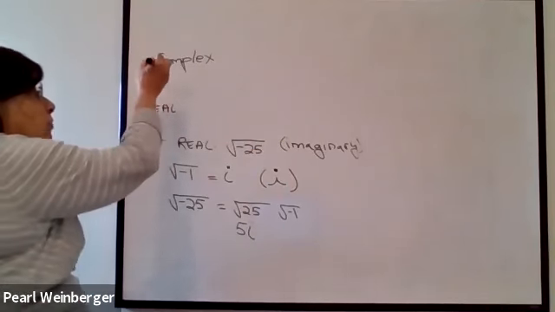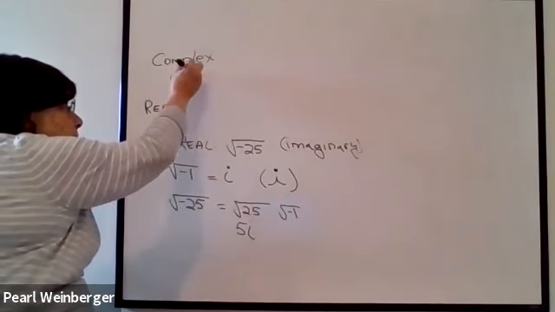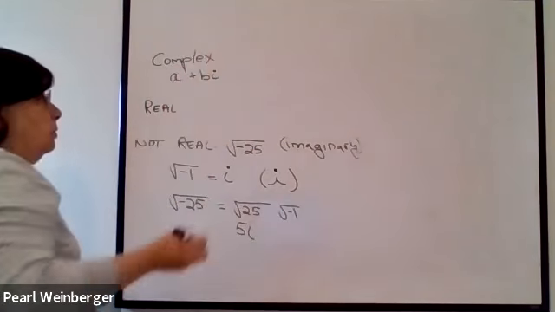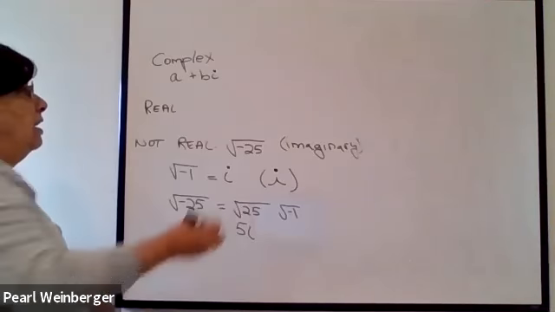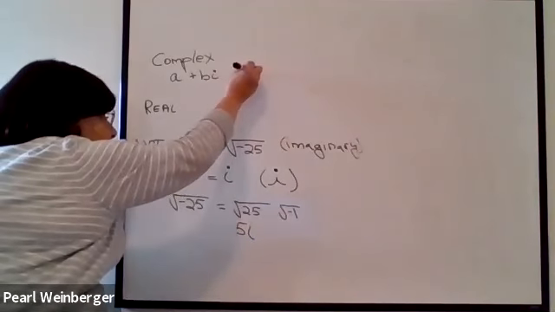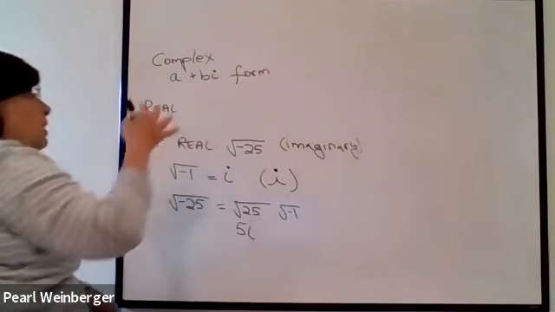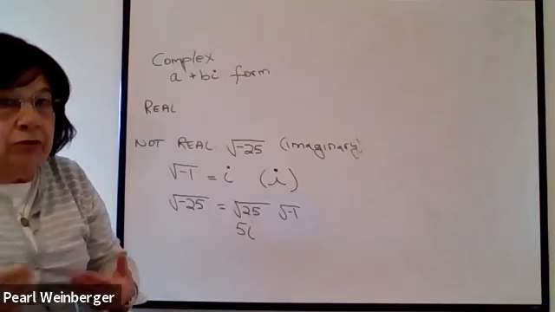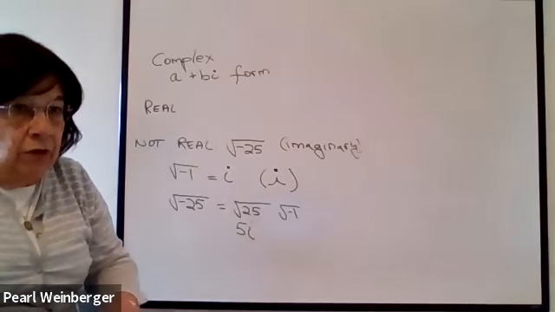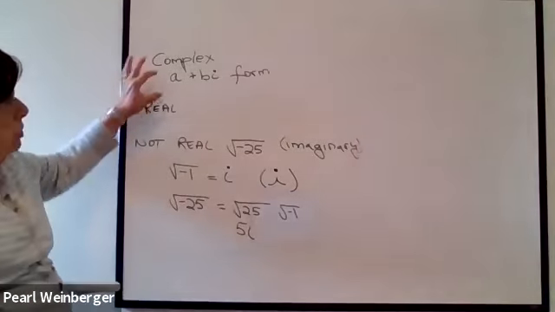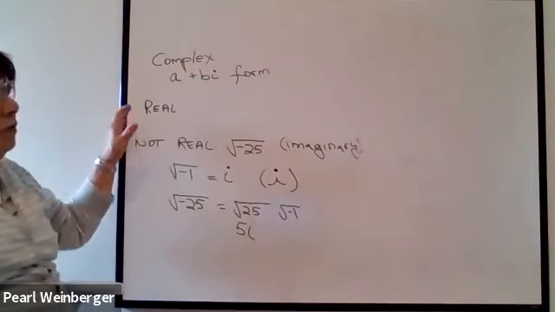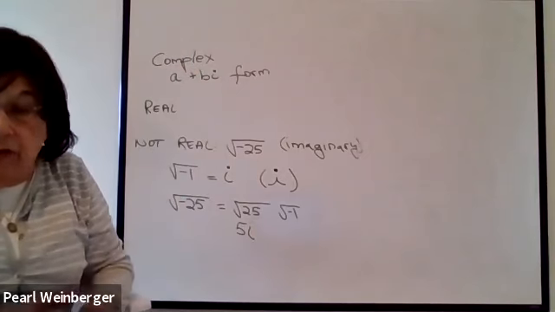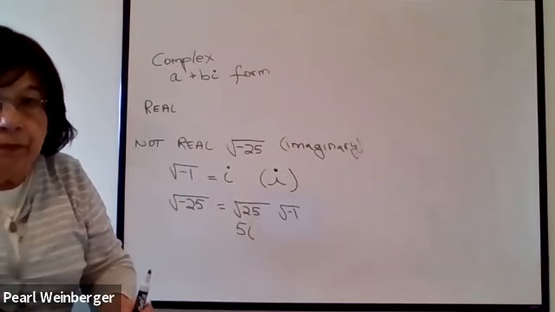Or it might say, give your answers in what we call a plus bi form. Anytime you see something of that nature, it means that you're allowed to have an i in your answer. You're allowed to do the square root of a negative number and use this special number i. Otherwise, if it says give your answer as a real number, then you can't have the square root of a negative number. You can't have an i.